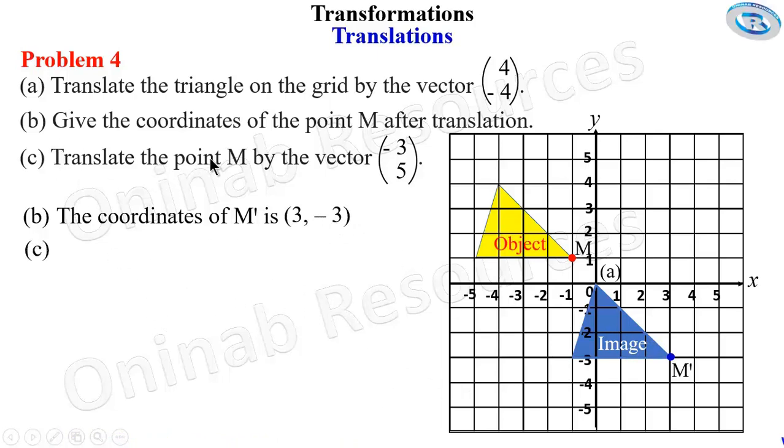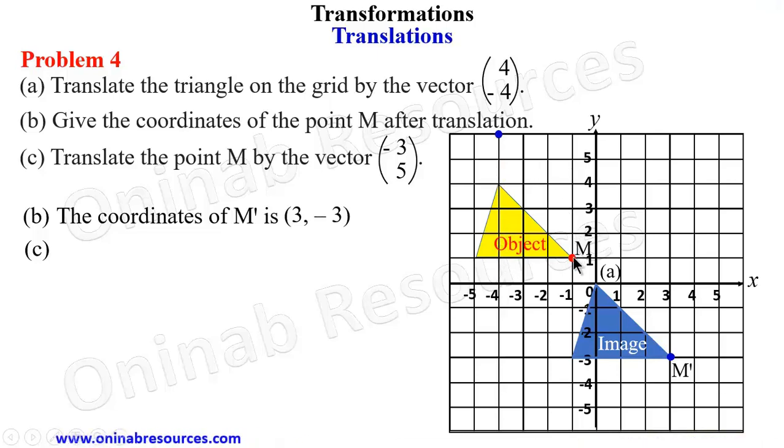For C, translate the point M by the vector negative 3, 5. Negative 3 means we are moving to the left, and 5 means we are moving up by 3 and 5 units respectively. So negative 3, 1, 2, 3, and 5, we move up 1, 2, 3, 4, 5.